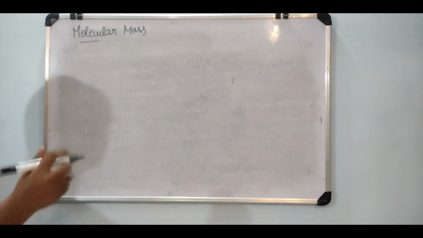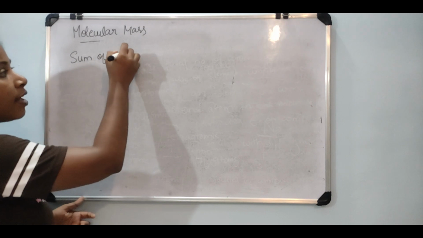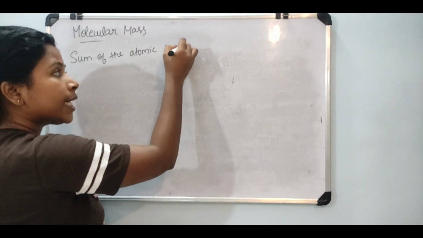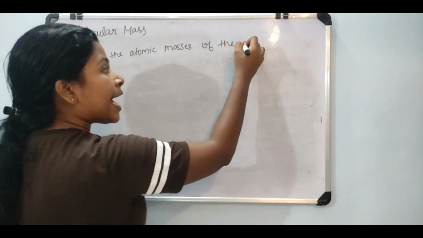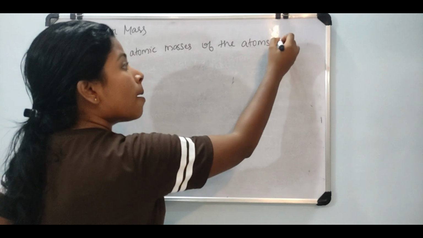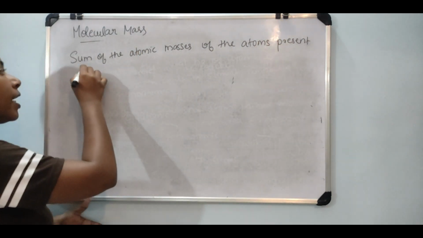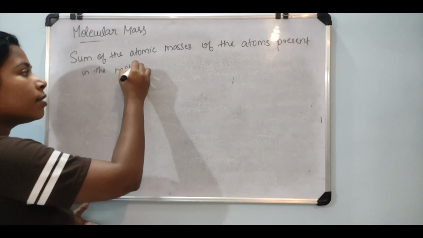So molecular mass is the sum of the atomic masses of the atoms present in the molecule.